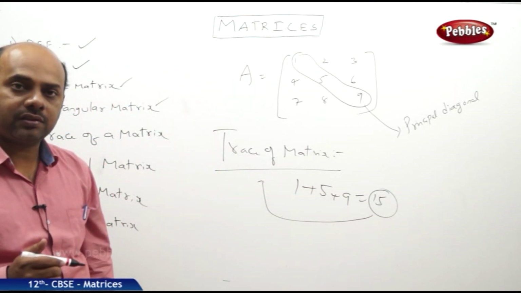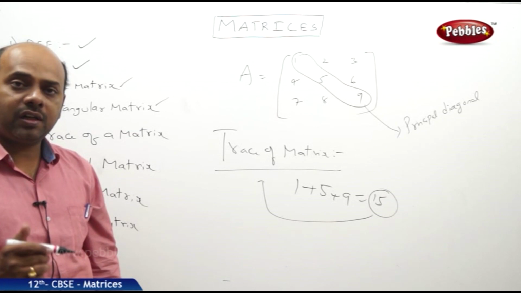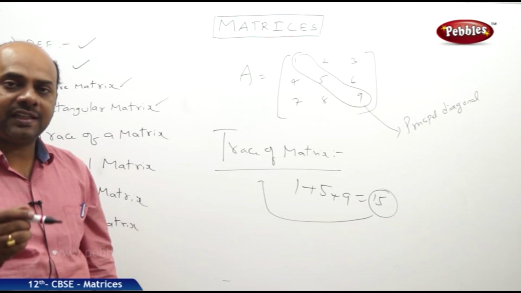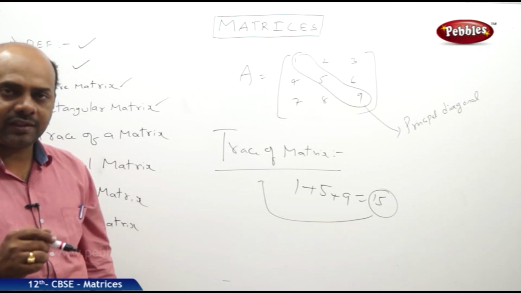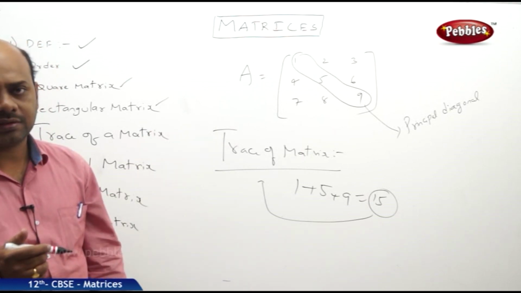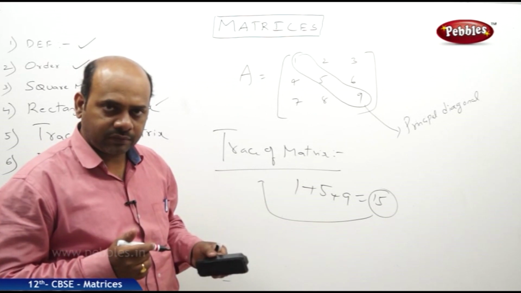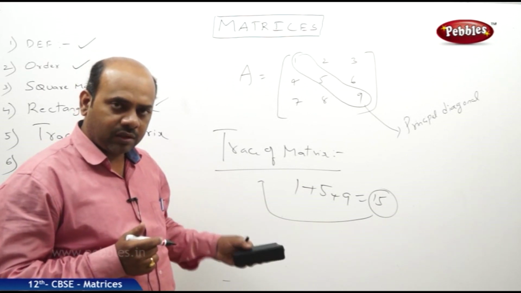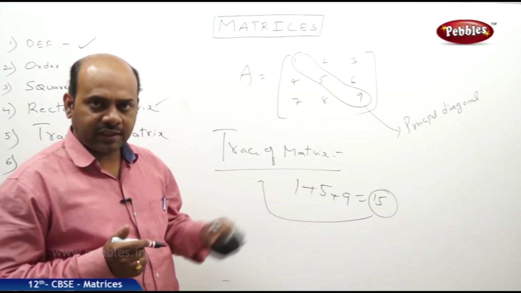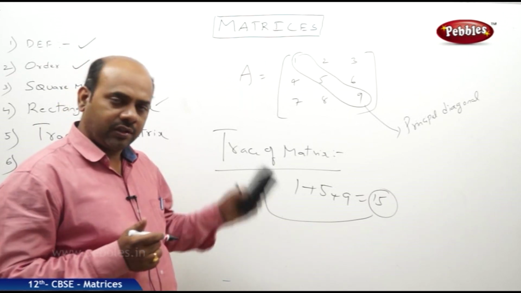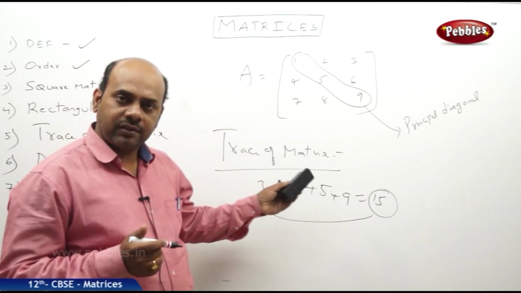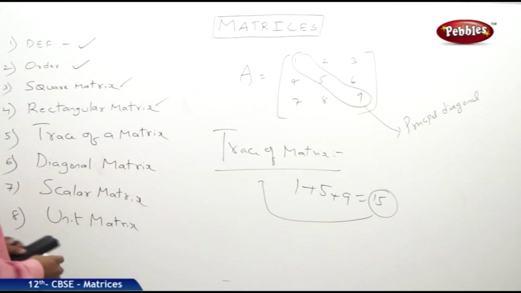So the sum of all the elements of the principal diagonal of a square matrix is known as the trace of a matrix. So trace of a matrix is also finished.